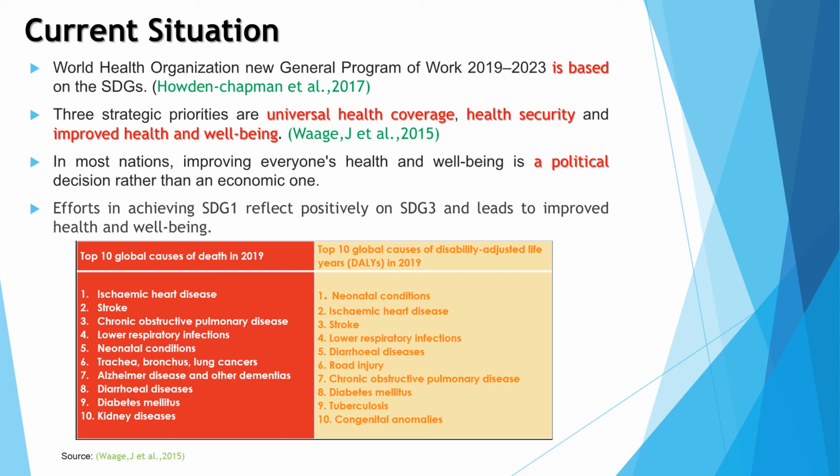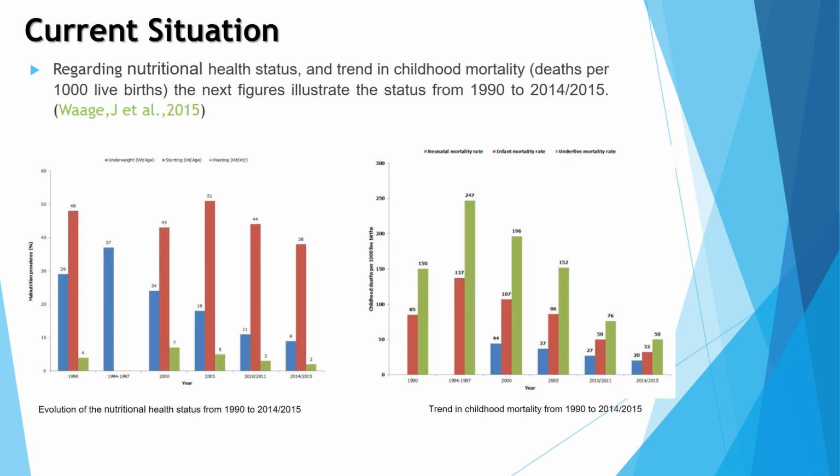In most nations, improving everyone's health and well-being is a political decision rather than an economic one. As you see here, we have two figures regarding health status and the trend in childhood mortality, deaths per 1,000 live births. The next shows how the disease decreased over time.